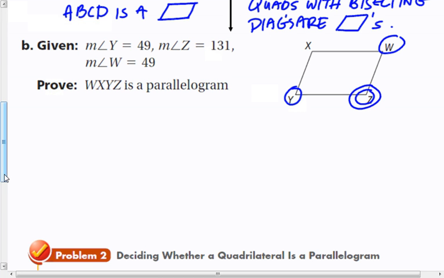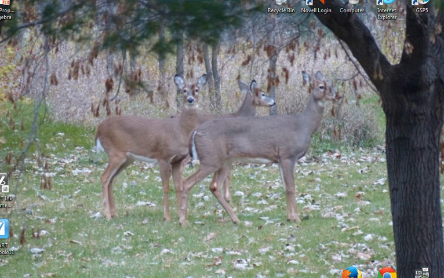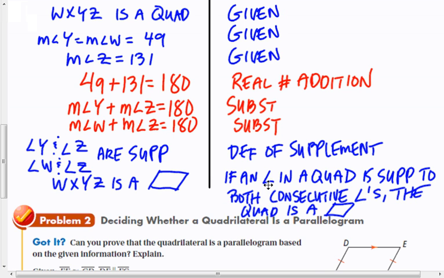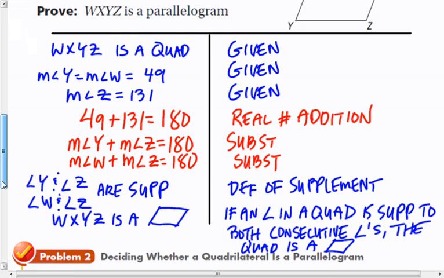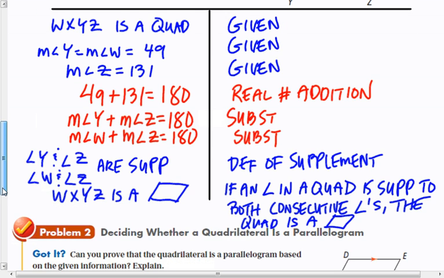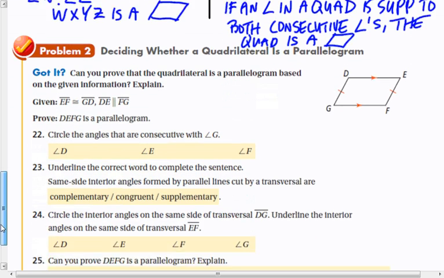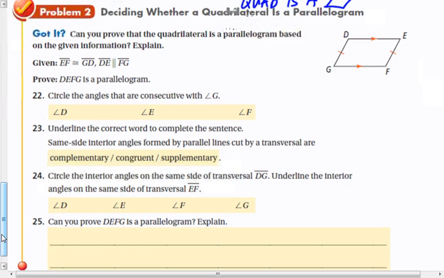And then we're going to use the idea that if an angle is supplementary to both its consecutive angles, then the quadrilateral is a parallelogram. So I'll fill in the reasons for that. There's one way to show that. Go ahead and do this problem 2 here. I'll check back with you.